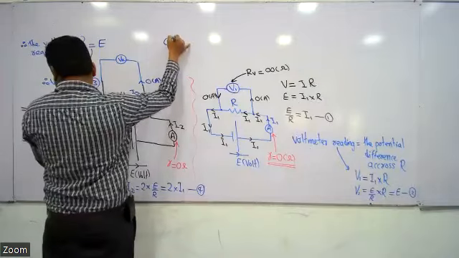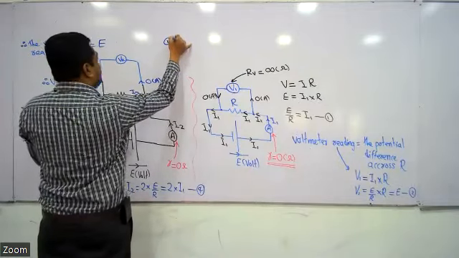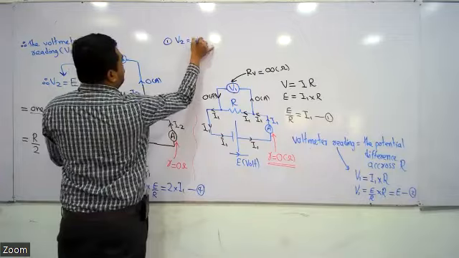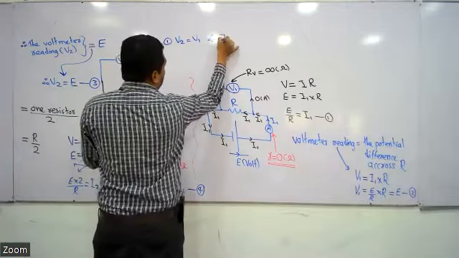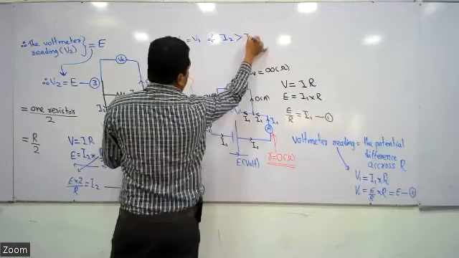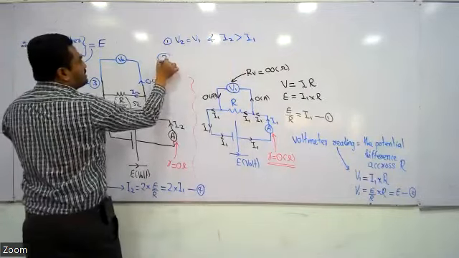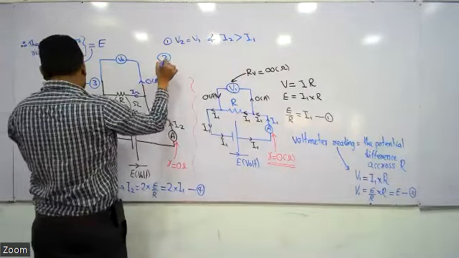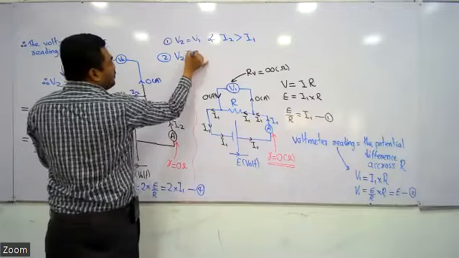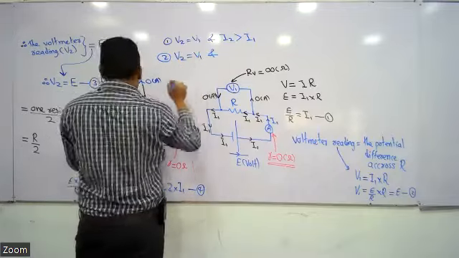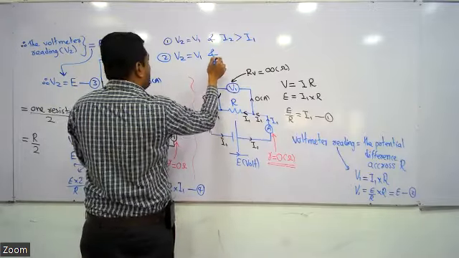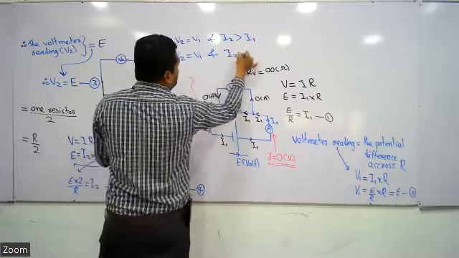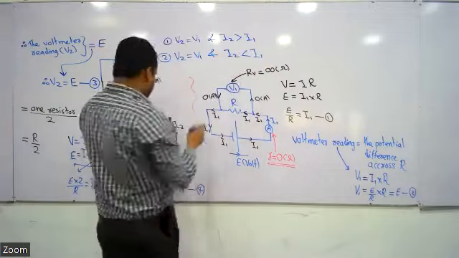The first answer is given as V2 equals V1 and I2 bigger than I1. Write the 5 answers here. Second answer, V2 equals V1 and I2 smaller than I1.